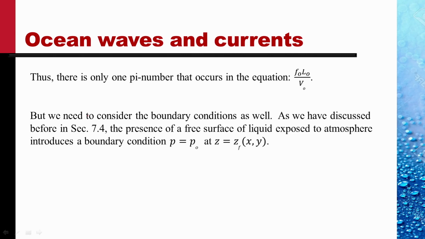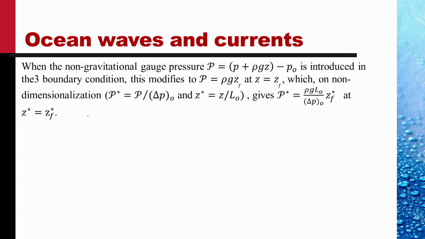But we need to consider the boundary conditions as well, as we have discussed before. The presence of the free surface, or liquid exposed to atmosphere, introduces a boundary condition P is equal to P naught at z is equal to z_F of x, y. Because of the free surface, the Froude number now occurs in the boundary conditions, and that needs to be matched.